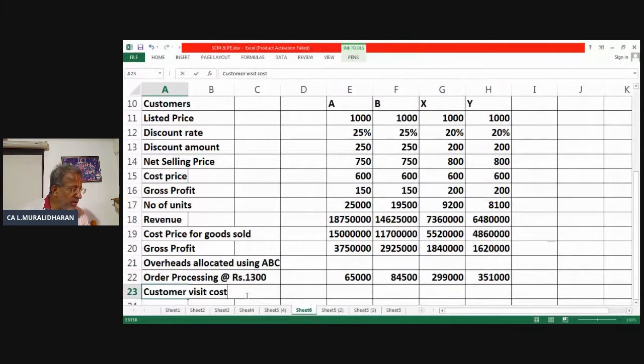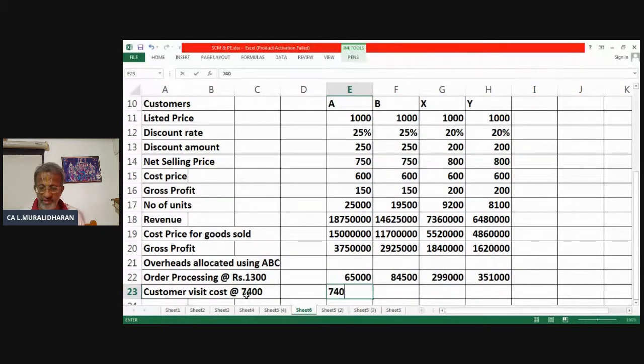Customer visit cost at the rate of 7,400. So number of customer visits is given. It is number of customer visits 10.